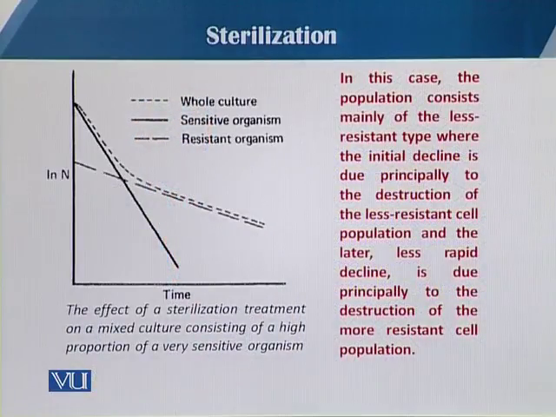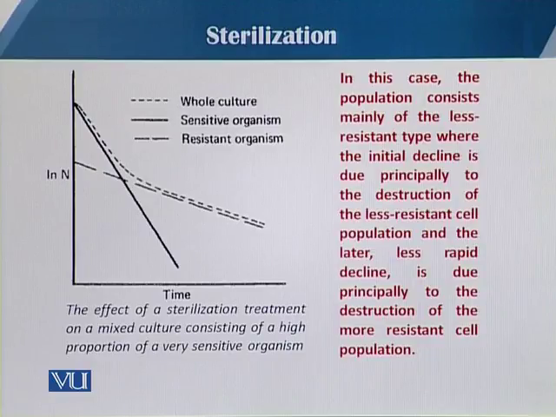If there is a whole culture that contains sensitive organisms and some resistant organisms, in this graph we can easily see there are three different lines. One is a dotted line, another is a solid line, and the third shows the resistant organism.